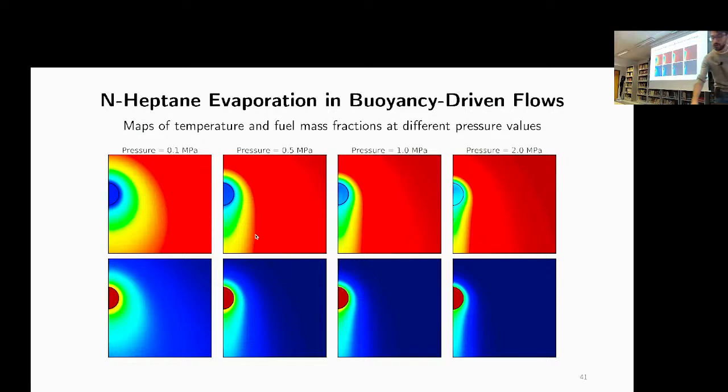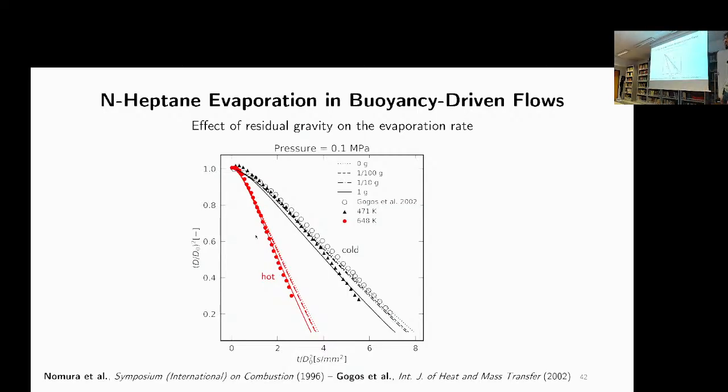Okay, so if we try again with the atmospheric case and we repeat this simulation at different gravity values, so at 0g, 1 over 100g, 1 over 10g, and g equal to the Earth normal gravity value, you can see that indeed introducing residual gravity, we slowly tend toward the experimental data, both for the cold and for the hot case.